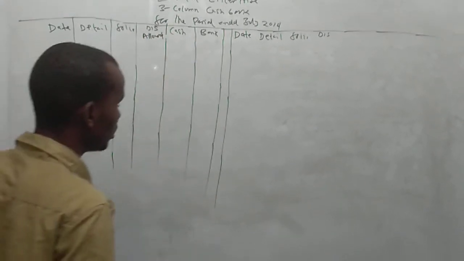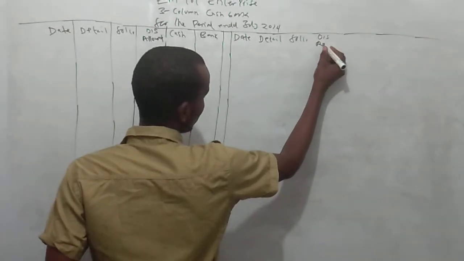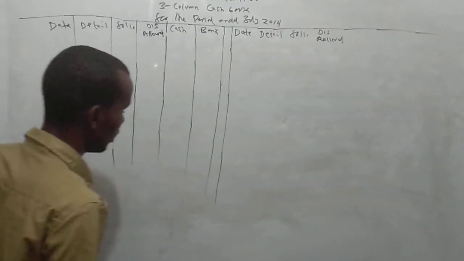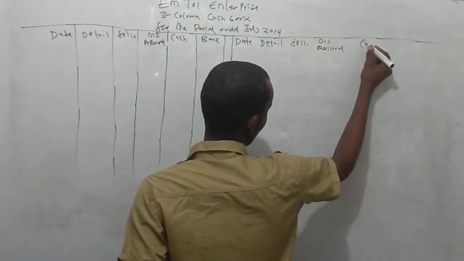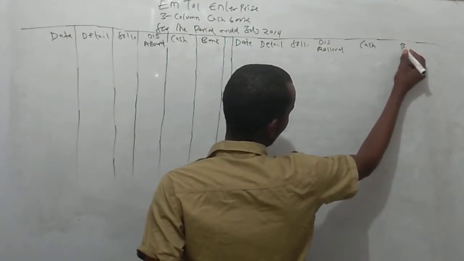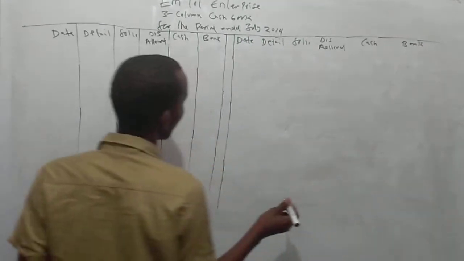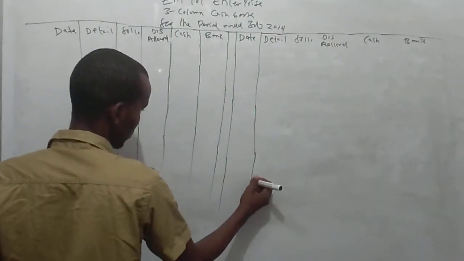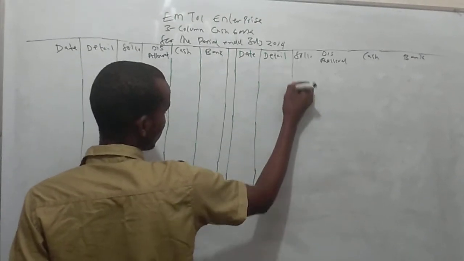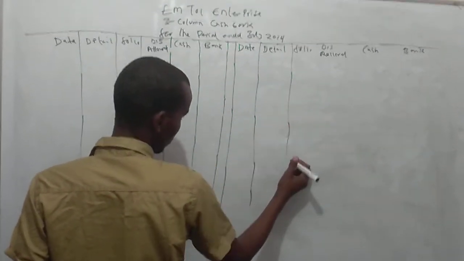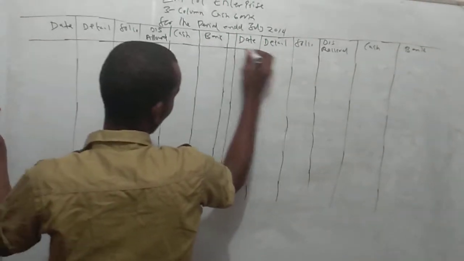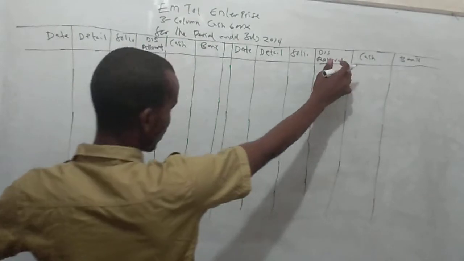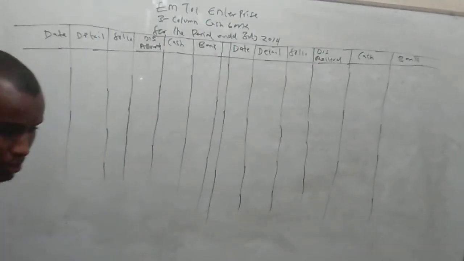Then here you have the discount received, the cash, then the bank. Remember, discount received is on the credit side, discount allowed on the debit side.